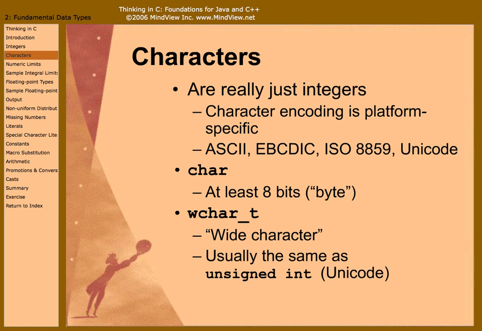It turns out, though, that for this reason they have defined a new type, which is available in both C and C++, called wchar_t, and that stands for wide character. And so sometimes we call the char a narrow character. A wide character is wchar_t. And there are even some functions in the library, although we won't go through them in this course, that will deal with wide characters.